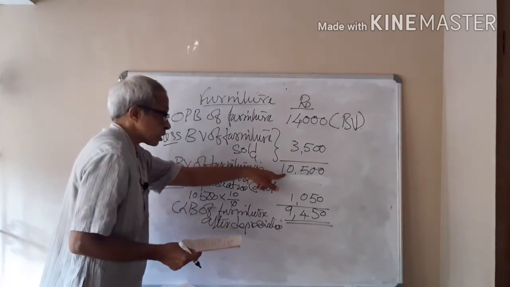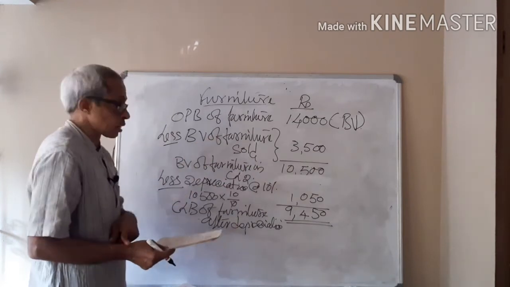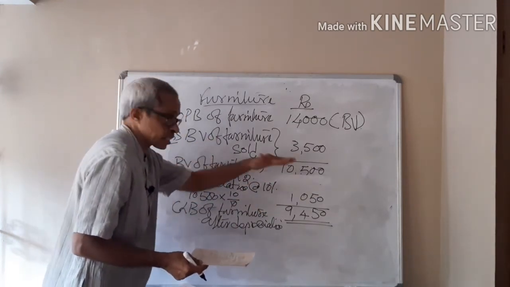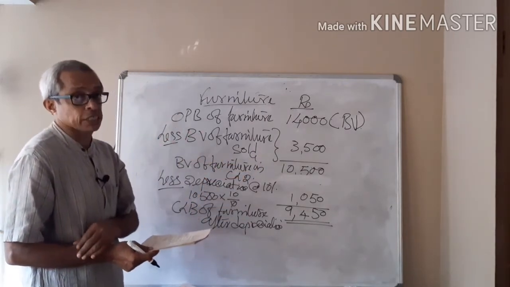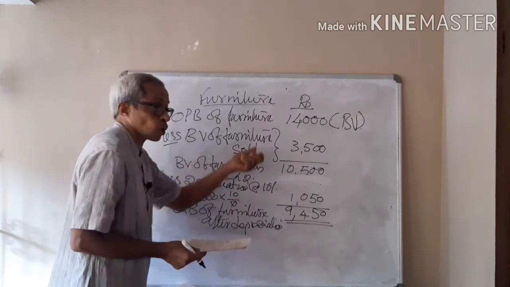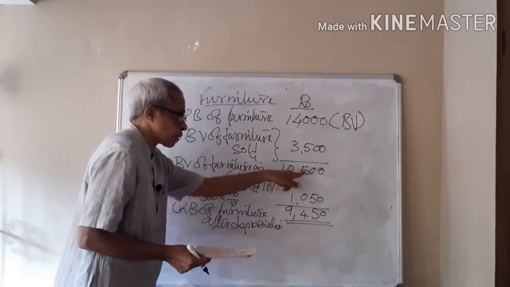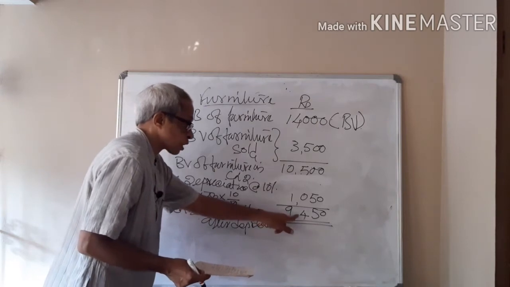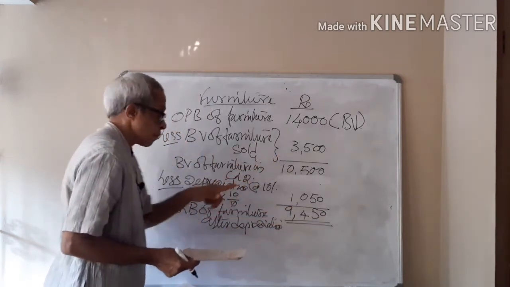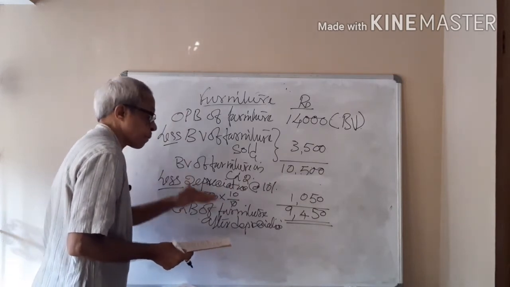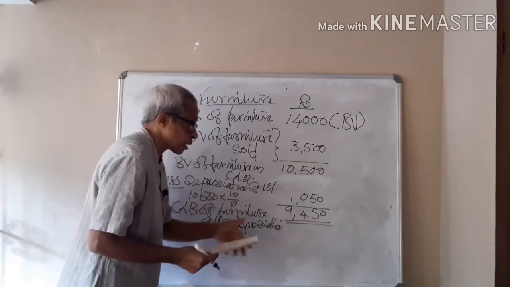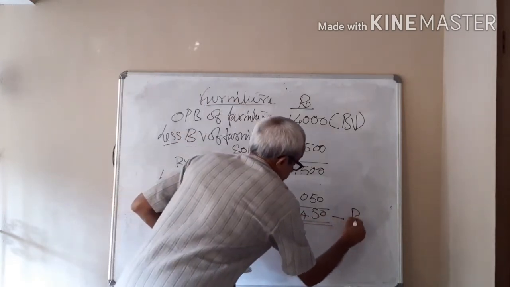That is 10% of 10,500, which is 1,050. When we deduct the depreciation amount, 1,050, from the book value of furniture on the closing date, 10,500, we get 9,450. This 9,450 is termed the closing balance of furniture after depreciation, and this figure may be shown on the balance sheet.